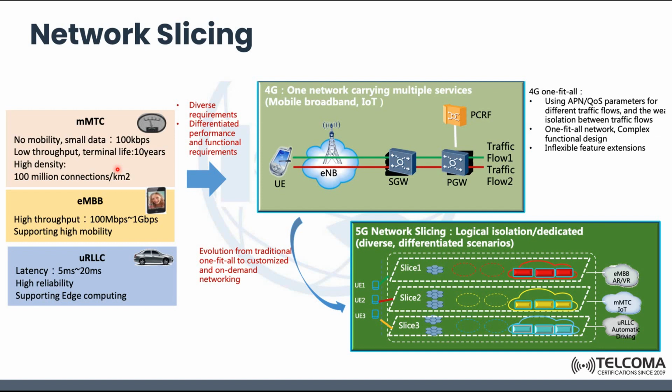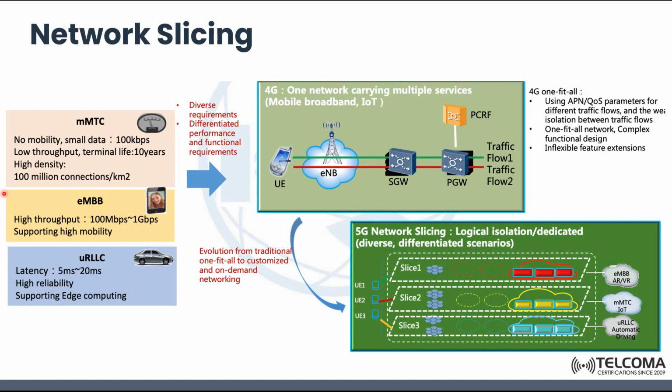Next, we need high data rates like enhanced mobile broadband, where we have to watch 4K videos. So we need high mobility with a very high throughput. And in ultra low latency requirements, we need latency even less than 1 millisecond, or could be 5 milliseconds, but with very high reliability, and which should support edge computing like self-driven cars and remote surgery.